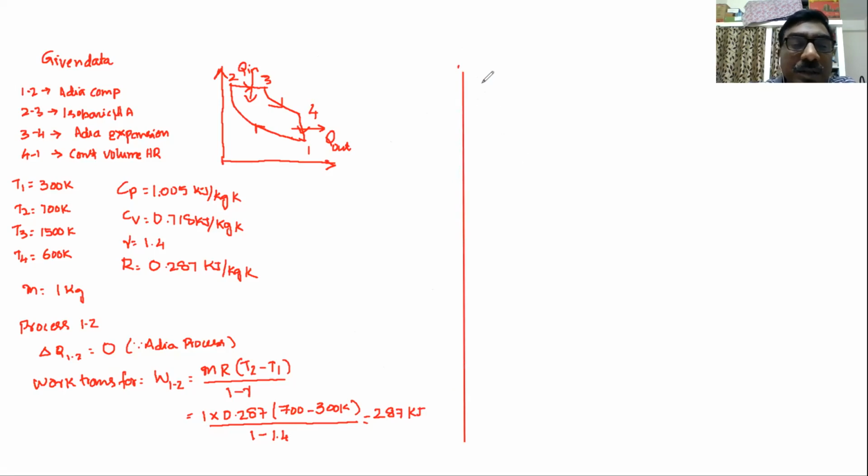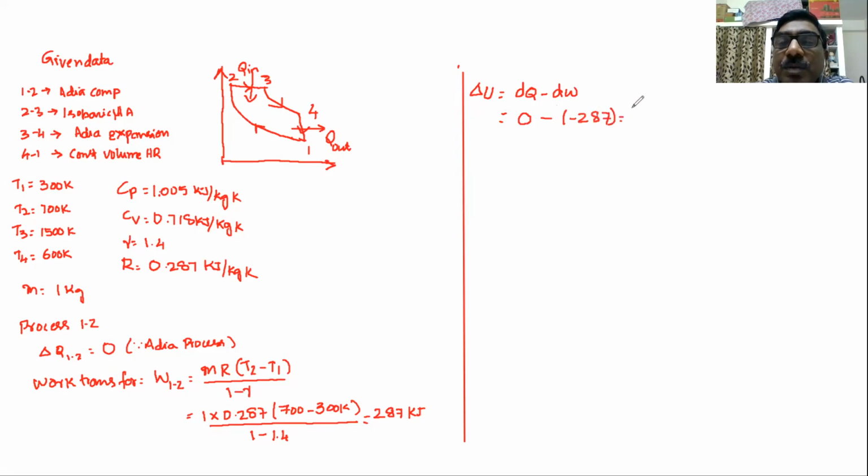Here in this process we have to find out the change in the internal energy. Change in the internal energy delta U is equal to delta Q minus delta W. Here delta Q is equal to 0, there is no heat transfer, minus delta W, where W is the work transfer, that is minus of minus 287.